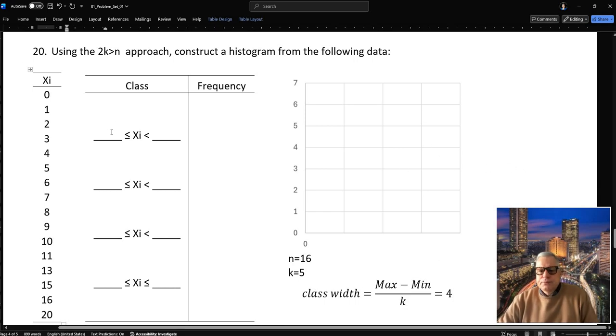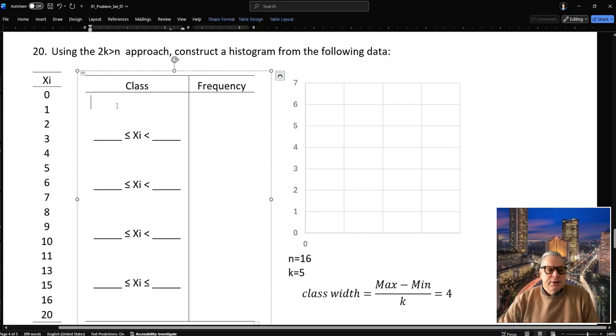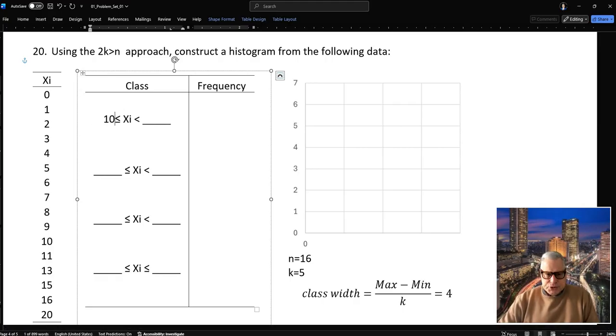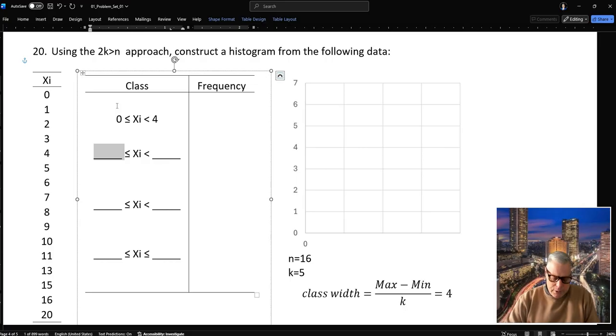Okay, so now let's do that here. The first class goes from 0 to less than 4. Then the next one starts with 4 and goes till 8.